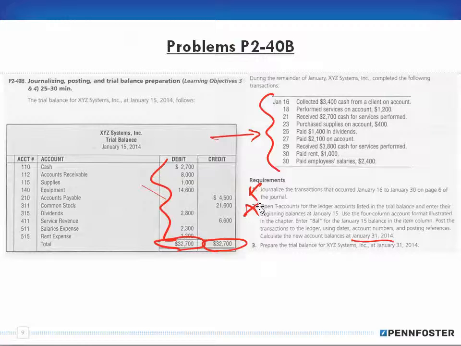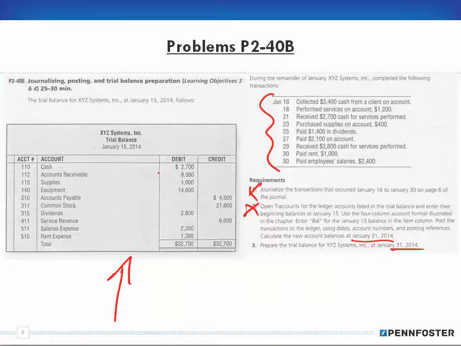So we're on step number 3 here, and it says to prepare a trial balance at January 31st, 2014. And so this here is for XYZ Systems. So our trial balance, when we create it, should look exactly like this trial balance here, okay?